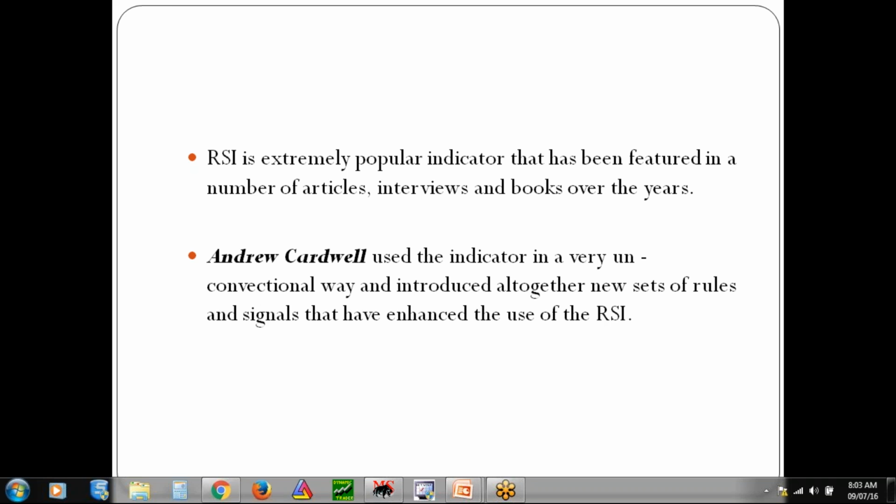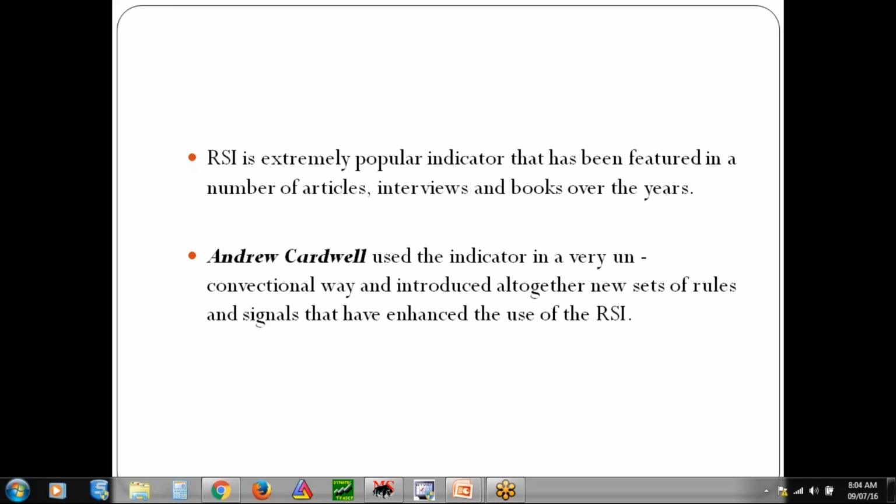Now Andrew Cardwell used this indicator in a very unconventional way and introduced an altogether new set of rules and signals that have enhanced the use of RSI. As Welles Wilder used the failure swings, the divergence, the overbought and oversold signals, Andrew Cardwell took the indicator with the same settings and used a whole new set of rules.